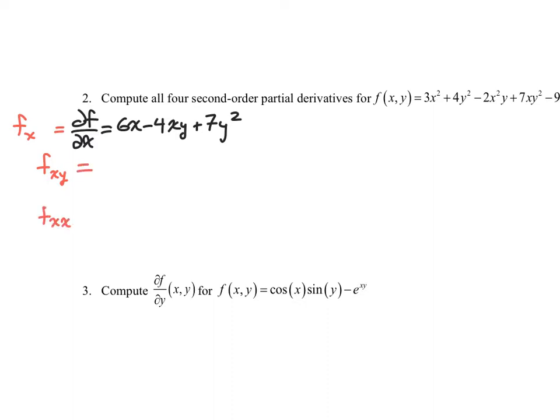All right, because all 4 would be partial with respect to x, then y, x, then x, y, then x, and y, then y. All right, so we have all those permutations that we have to account for. And you can do it in any order you want.